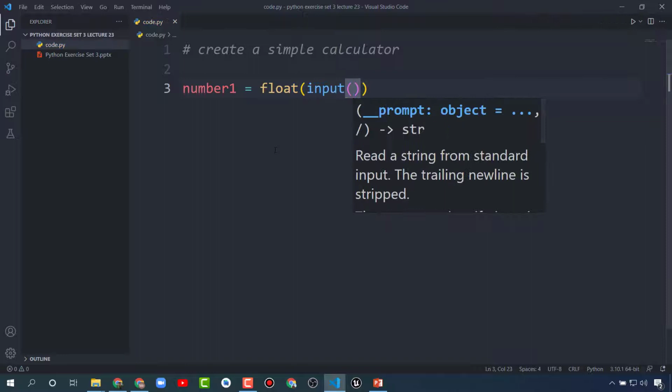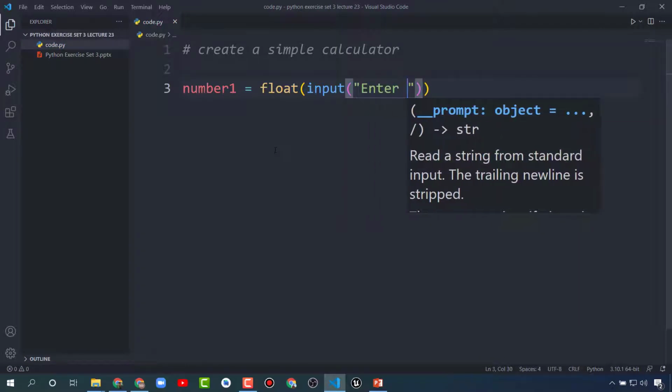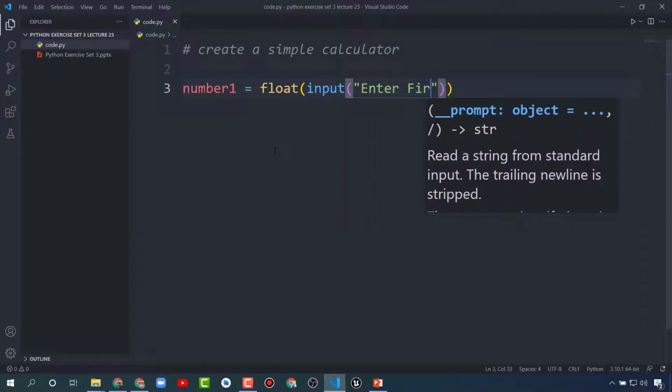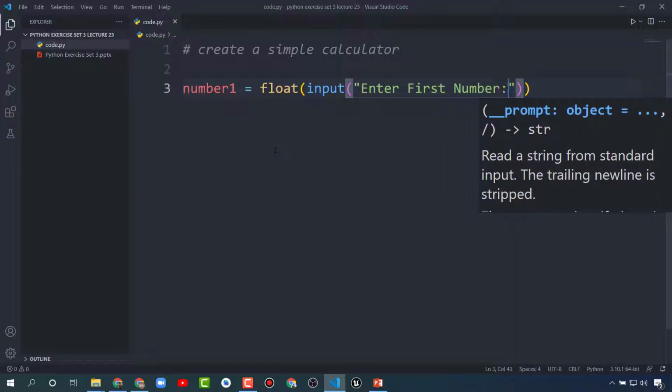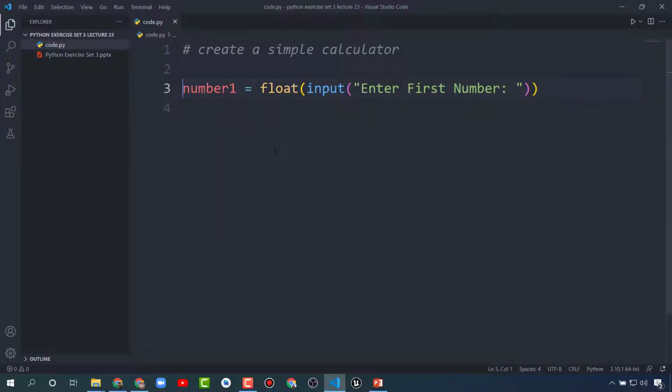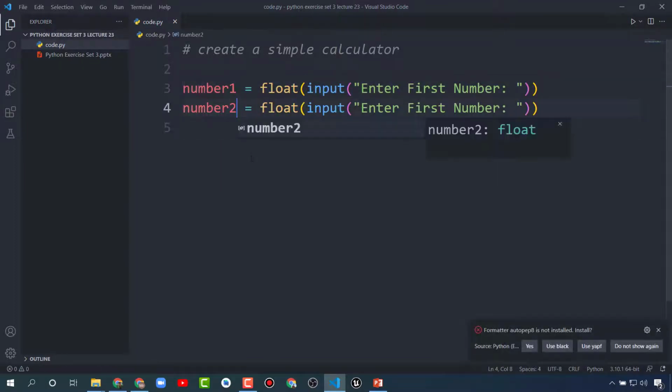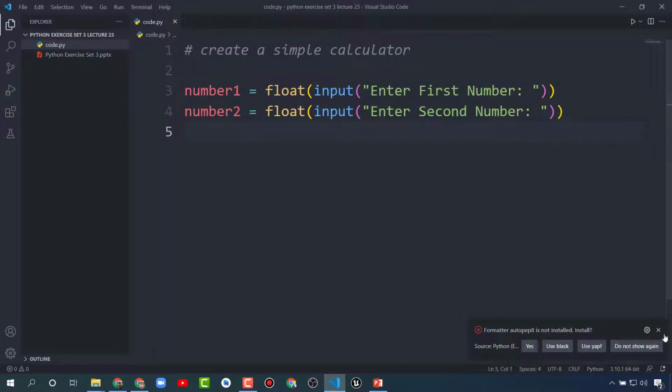Then we take input, enter first number. And number 2, enter second number. So we are taking two inputs from the user, that is number 1 and number 2.